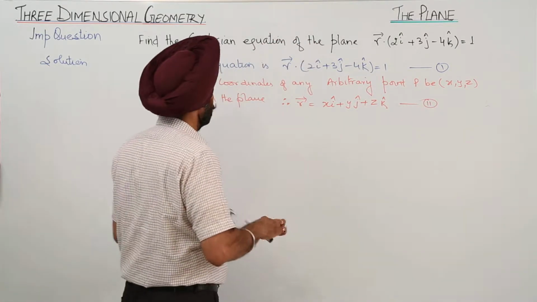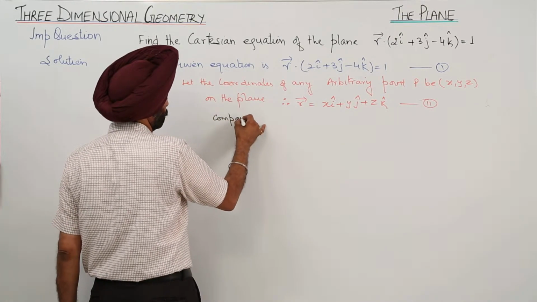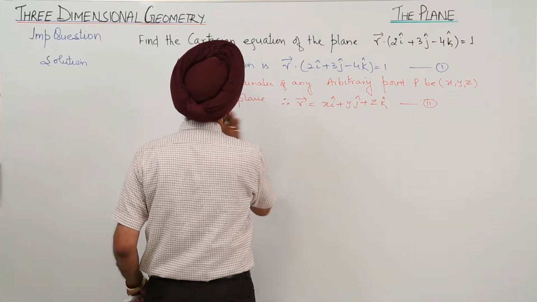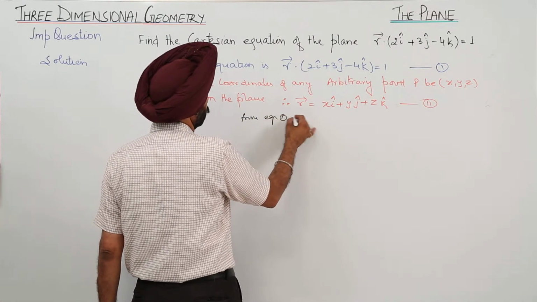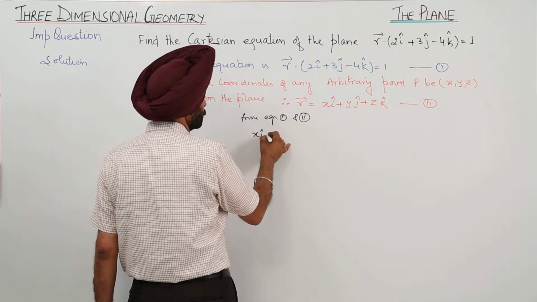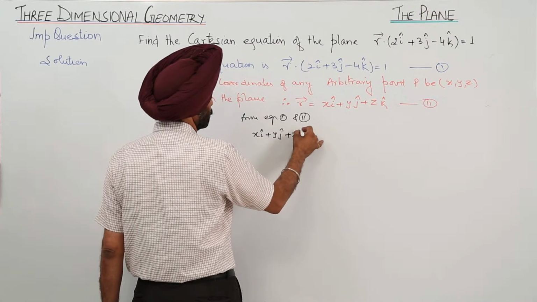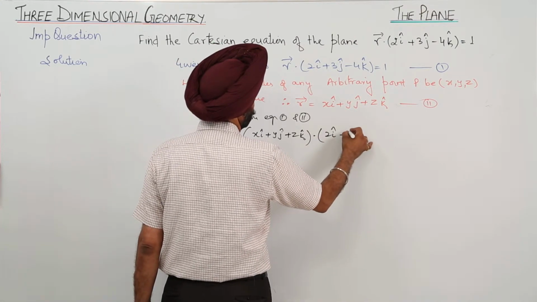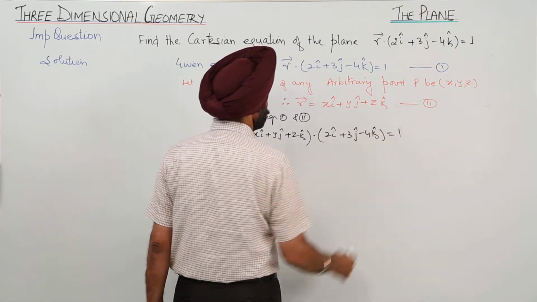Now from equation 1 and 2, xi cap plus yj cap plus zk cap dot 2i cap plus 3j cap minus 4k cap is equal to 1.